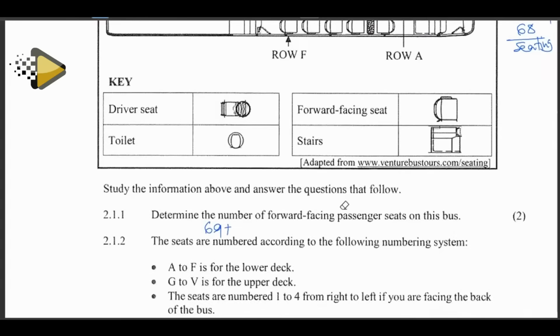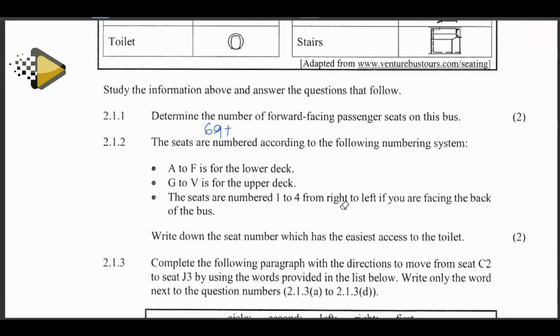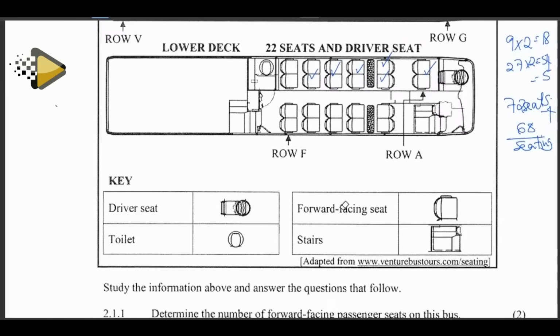So this one becomes what? The easiest is this one here. Remember they said you're numbering from left, sorry, from right to left or left to right.